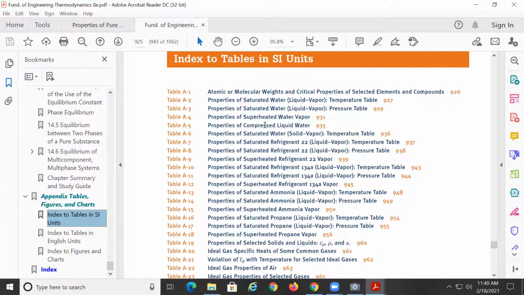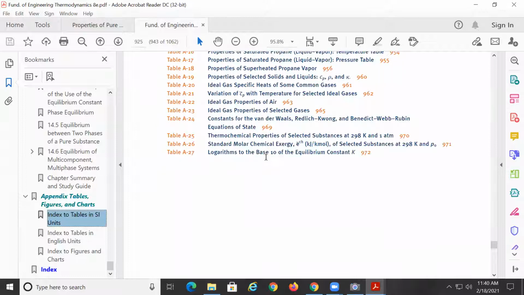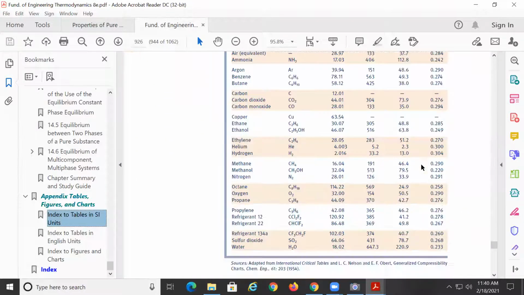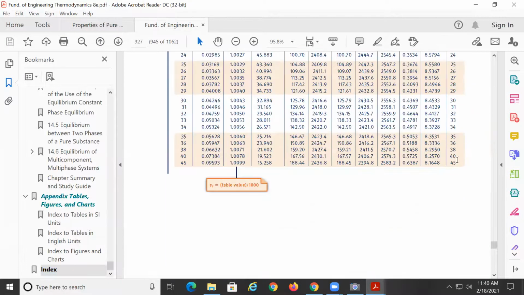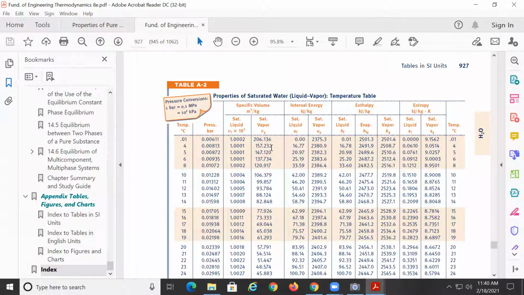Once you go to the liquid vapor tables, this is something you will get with practice. Now, it might be too much information at once, but if you want, we can look at it very quickly. Over here, you have the properties of saturated water, liquid vapor. So remember, we have these values of saturated liquid or fluid and saturated gas.